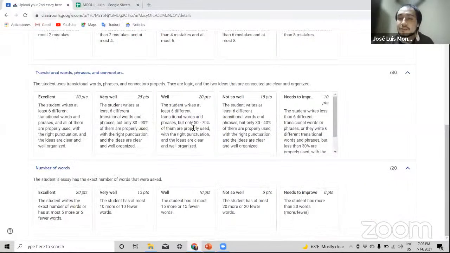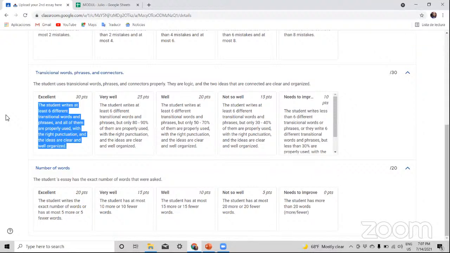If your idea is not clear and is not organized, again, it's not going to be correct. So the criteria here is you have to use those transition words and phrases, but they have to be logical. We cannot use these transition words in any case, but it's going to be clearer with this criteria. Let's read about excellent, please. Melissa, if you can help me with this part, excellent.